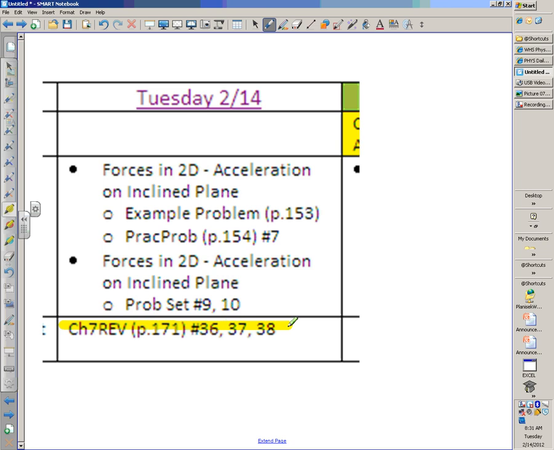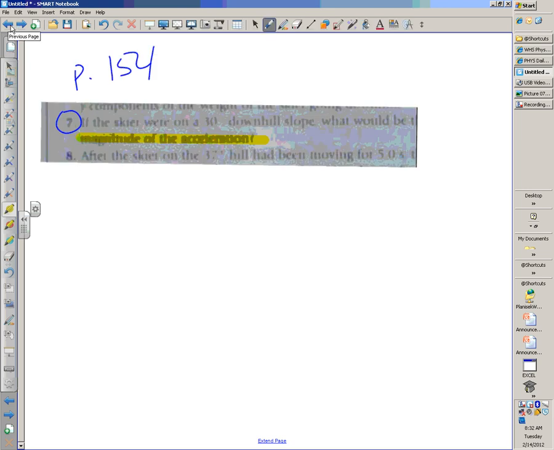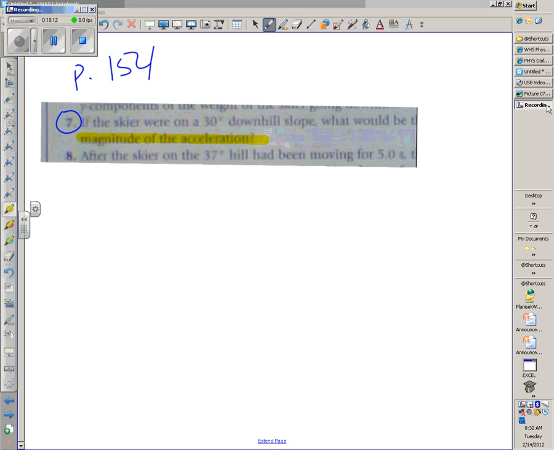Very similar to the problem that we just did in class, where we have motion along an inclined plane. It's not a constant velocity, it's speeding up motion. So we look at the difference between usually the parallel component of gravity and the frictional force, and that will give us the acceleration, and we can go from there. Okay? But first, start with page 154, number 7. So let's work on that so you can get that done before the end of the period.